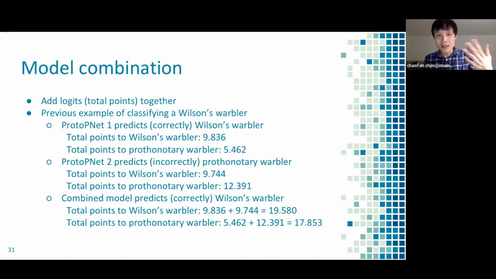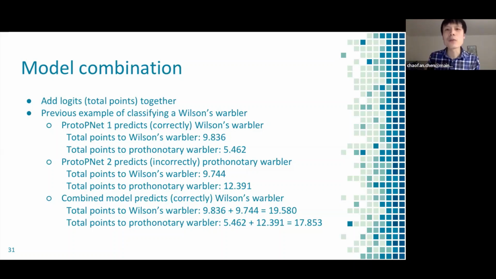And I'll use the previous example to illustrate why this can improve the accuracy. So let's go back to the previous example of classifying the image of a Wilson's warbler. As you can recall, the first model predicts correctly, right? The Wilson's warbler has a higher score, 9.8, and the second highest score, which is the prothonotary warbler, has 5.4.